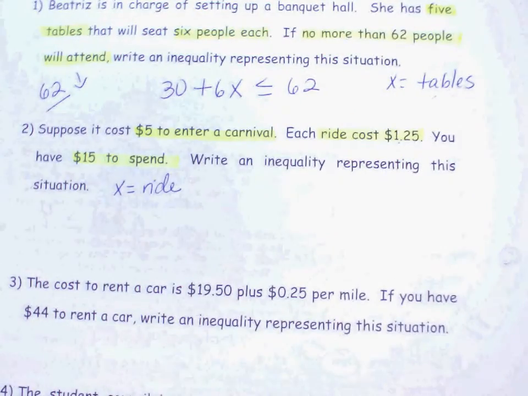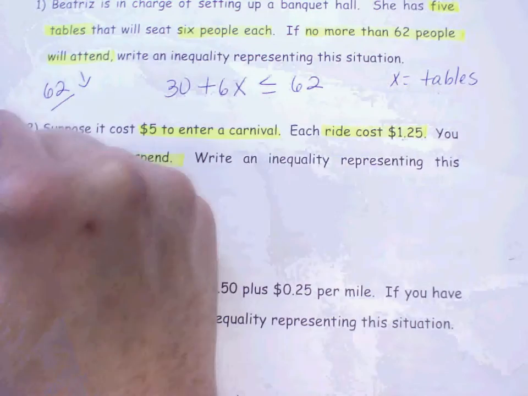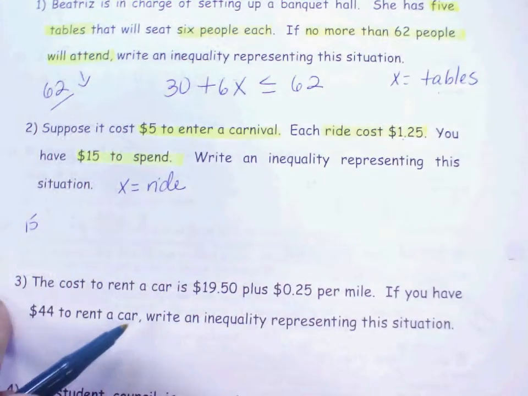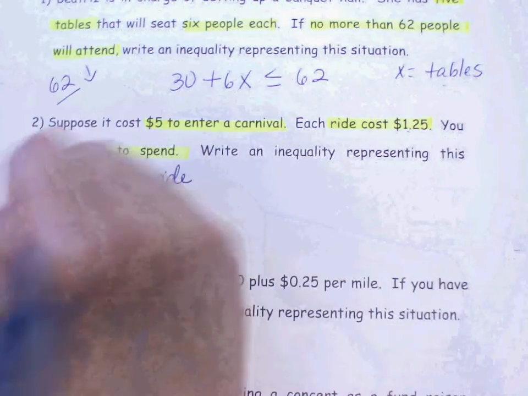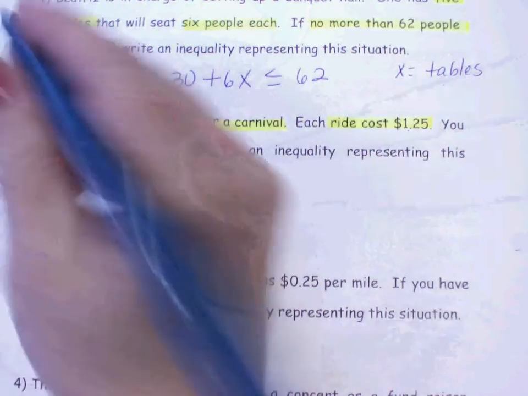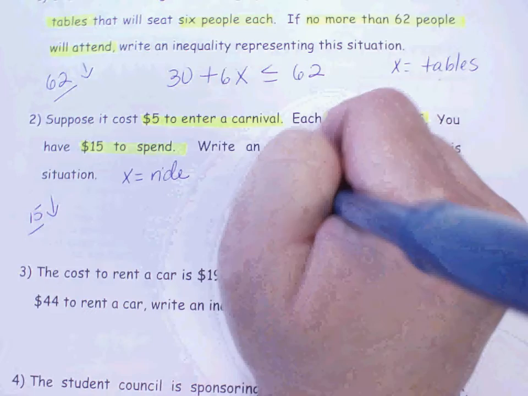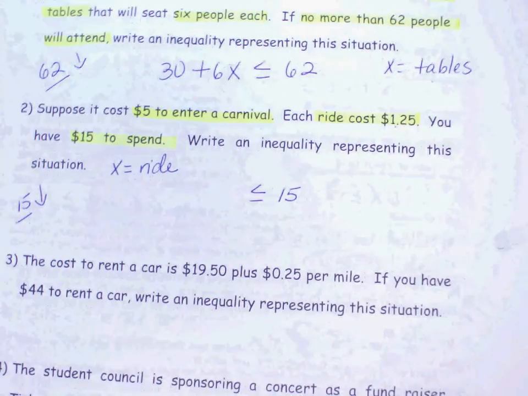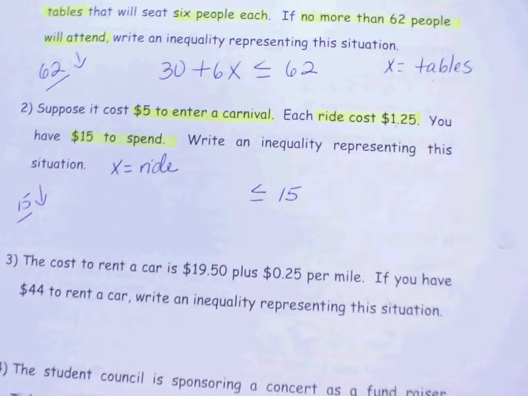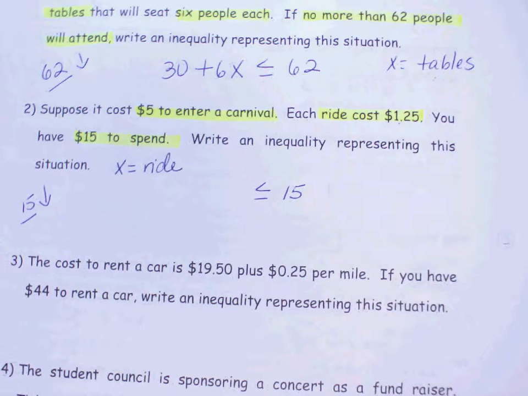Does that make sense? Okay, so the rides. How much money do you have? Can you spend 15? Yes, but can you spend more than 15? You don't have it to spend, so it has to be 15 or less. So less than or equal to 15.